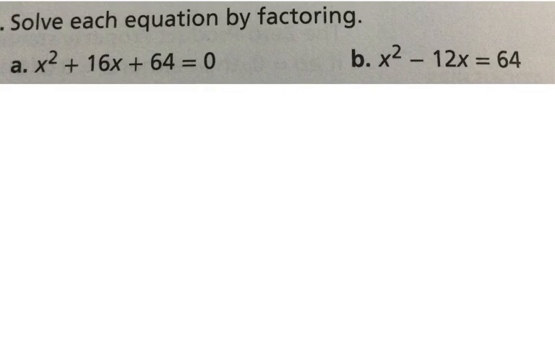So to factor this, number 1, is there a GCF? No. Number 2, is this a difference of squares? No. Is it in the form of ax squared plus bx plus c? Yes. So you will do the a times c method. 1 times 64 is 64. So now what multiplies to be 64 but combines to be 16? 8 times 8.